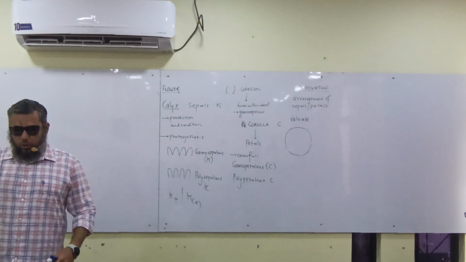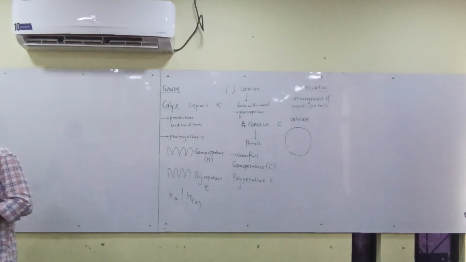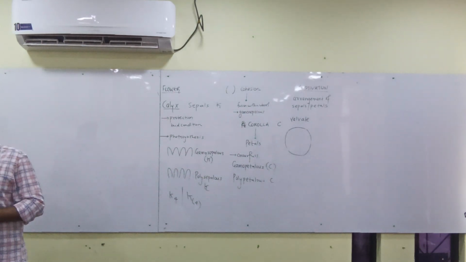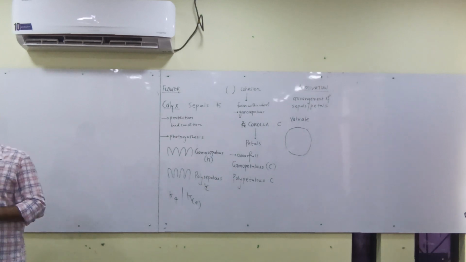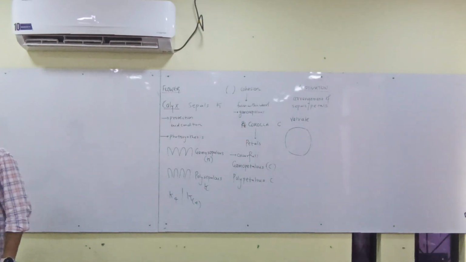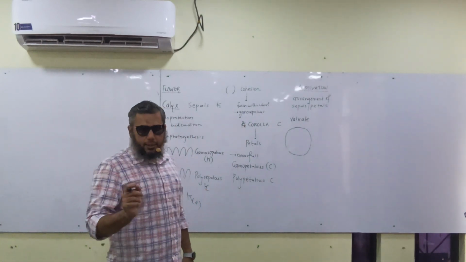Yes, Suhan, read the examples of valvate estivation. Calotropis. Yes. And China rose, lady's finger, and cotton? For valvate estivation, the example will be Calotropis, and two families you will remember: Solanaceae and Liliaceae, because those families are coming up ahead.